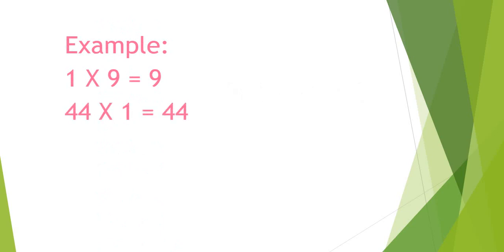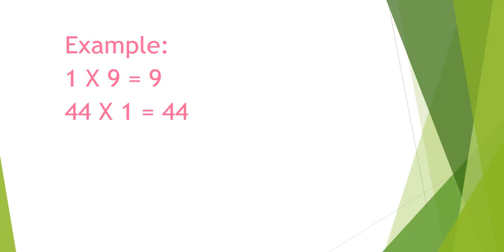Now let's see some more example. 1 9s 9. 44 1s 44. We have learned in fact number 1 that if we change the order, then also the answer remains the same.